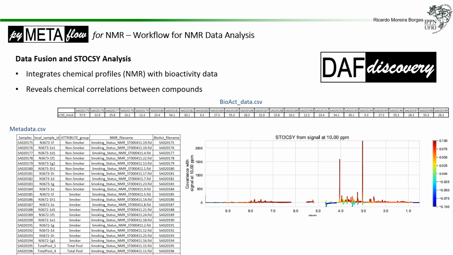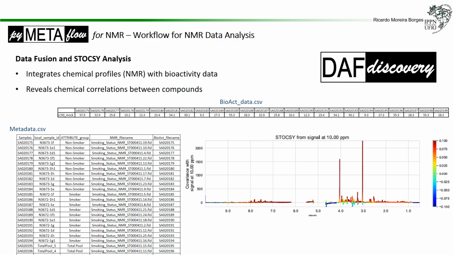So your metadata would have some sample specification, some ID that won't be used, some attribute clustering vector, that would be the classification vector, the NMR file name to put everything in order, which would be the same file name exported from MNova in the CSV file, and the bioactive file name. And then you can choose to do the STOCSY from the bioactivity data.